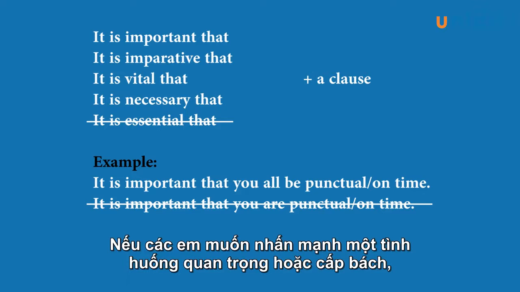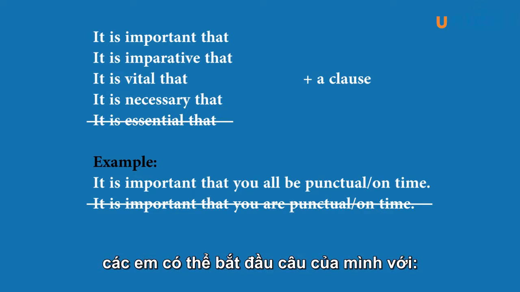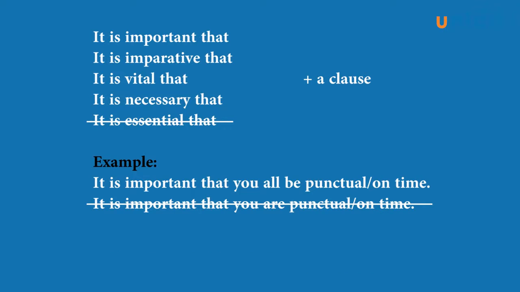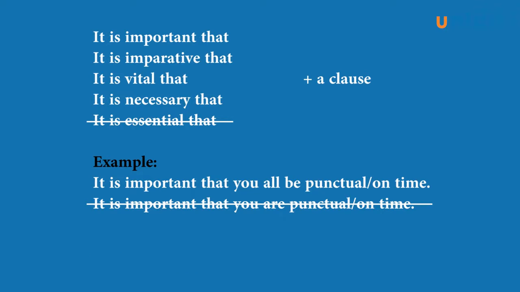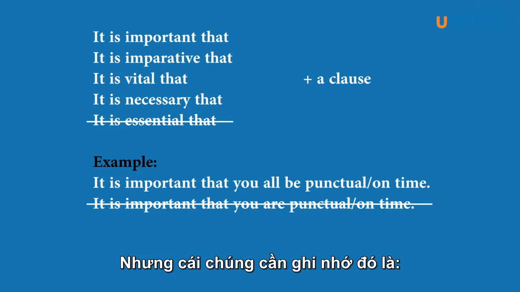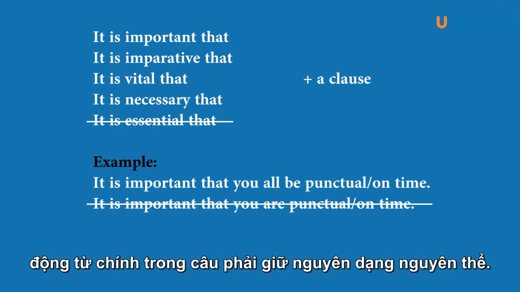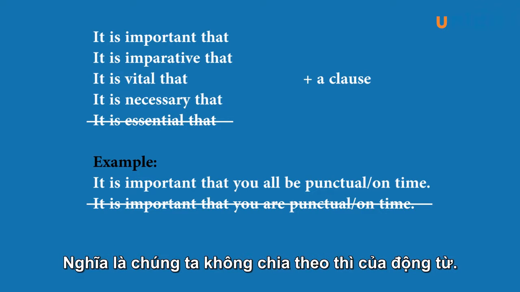And we have some certain expressions we should not overlook here. If you want to emphasize the importance or urgency of a situation, you're going to start your sentence with it is important that, it is imperative that, it is vital that, it is necessary that, it is essential that. So remember, after that, we're going to use a clause. But what you should bear in mind is that the main verb in this clause must be in the base form. That means we cannot change the tenses when we use the verb.